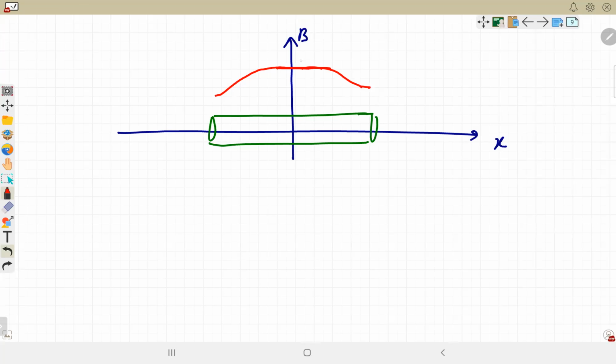That is this type of graph: mu naught nI constant for almost the entire central region, and at the end it becomes mu naught nI/2. Clear?